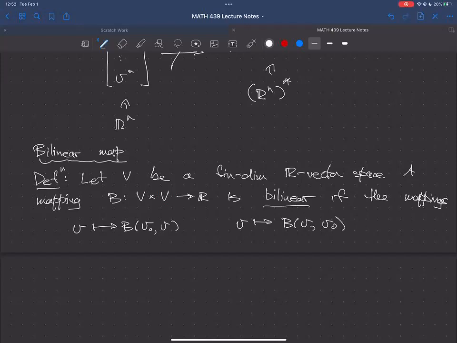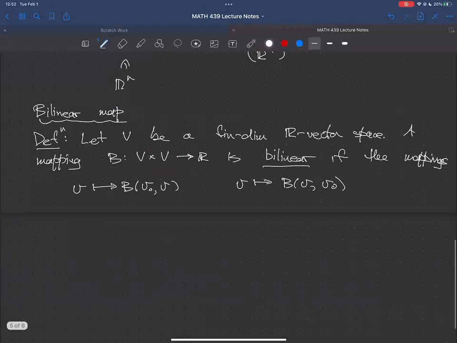So what are these linear mappings to and from? This is a linear mapping from V to R, and this also, of course, is a linear mapping from V into R. In other words, I'm about to say that they're linear, and therefore these mappings are actually elements of the dual space.